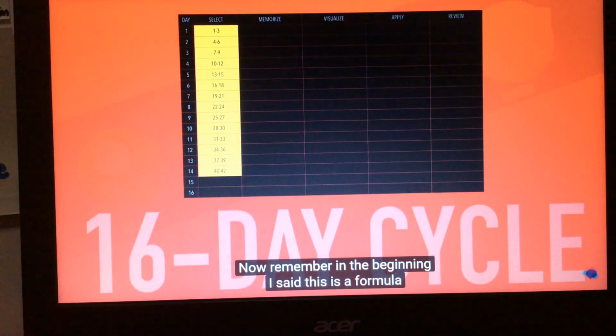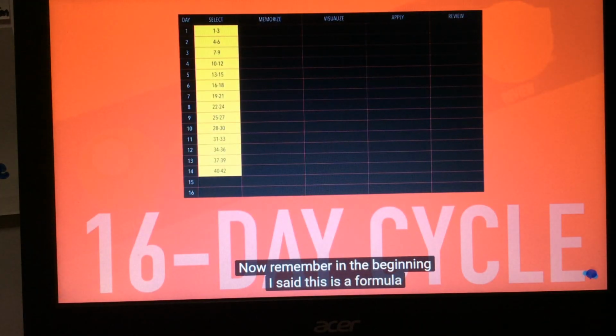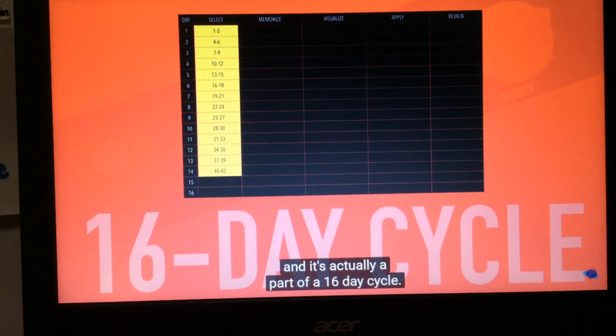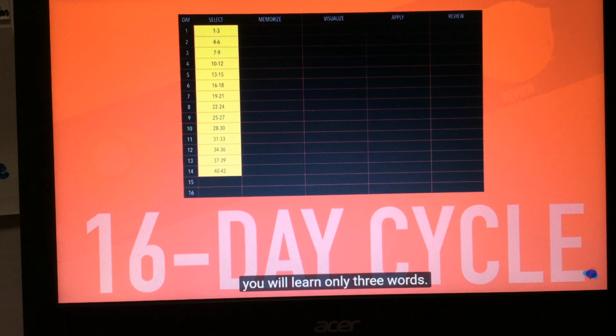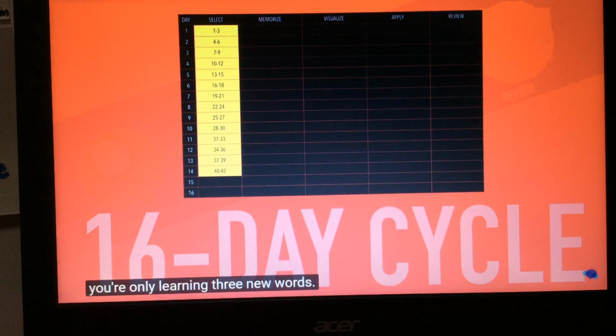Now, remember in the beginning I said this is a formula, and it's actually a part of a 16-day cycle. Now, the first part of the cycle is the select column, the first column. So, on the first day, day 1, you will learn only 3 words. And each day after that, you're only learning 3 new words.